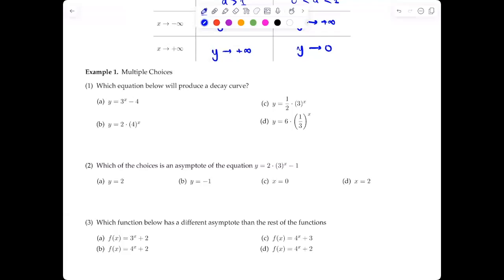That means which one is the exponential decay function. Think about that a little bit and let me know what that is. Let's do one first, and then I will show you how to do two and three and so on and so forth.